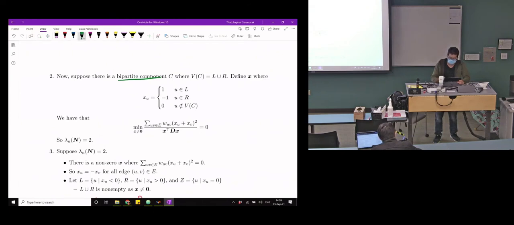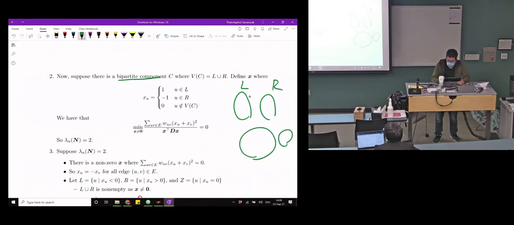Let's say there is a bipartite component L, R and maybe some other component. So this part is bipartite. There are some other connected components. Well, let's look at the vector x such that I assign x_u to be 0 everywhere here, except that on this part you get minus 1, and on this part you get 1.